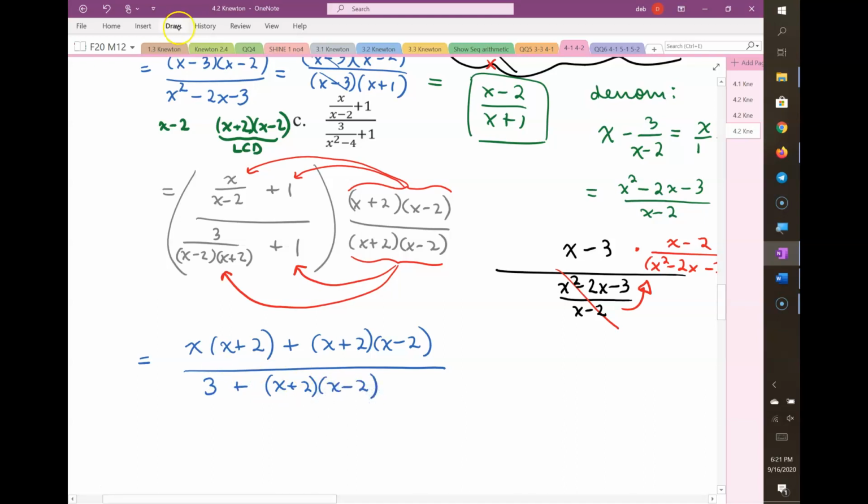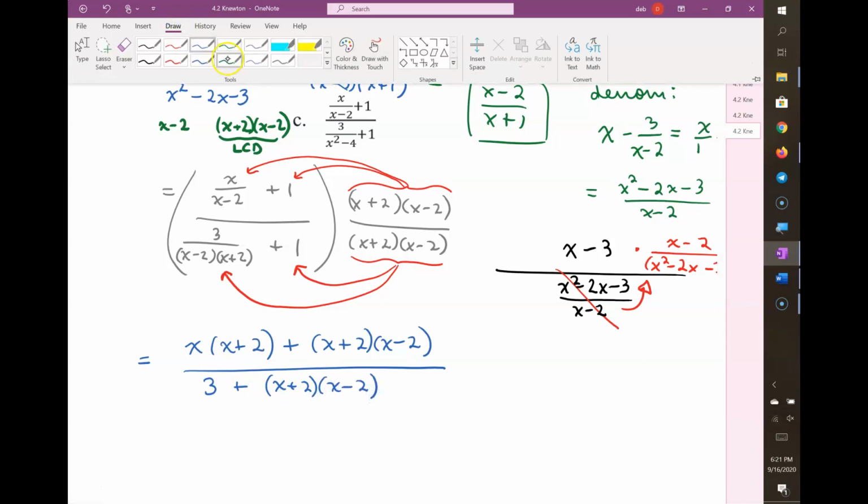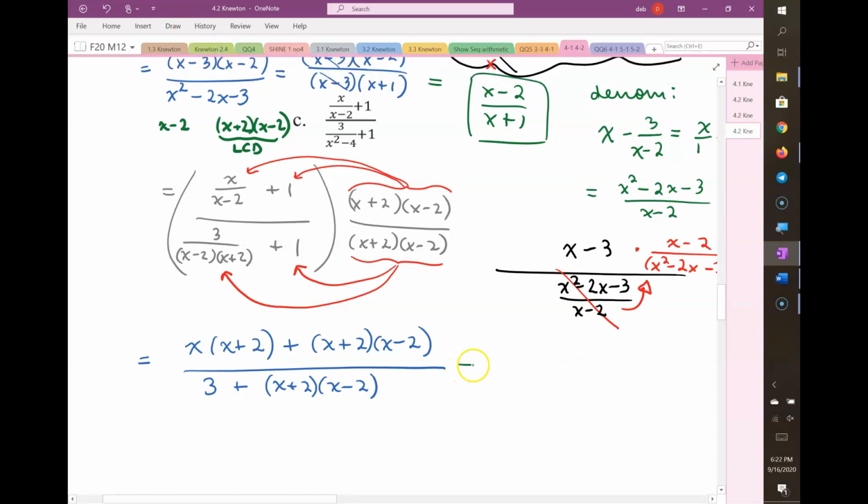Now I need to simplify the numerator and simplify the denominator separately before I look to see if there are any common factors. So x squared plus 2x, so I can multiply this back together so I can see if there's common terms. And I'll have 3 plus x squared minus 4.